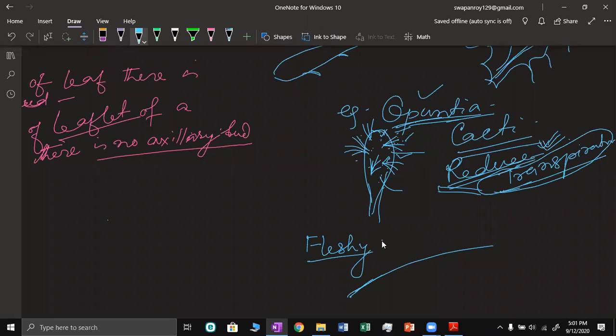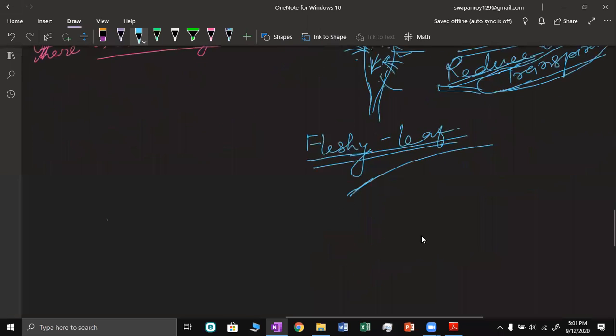Another one is fleshy leaves. Here the leaf is usually thick and fleshy. In normal foliage leaves, what type do we see? They are very thin structures.